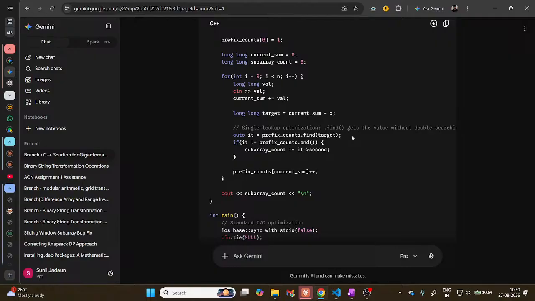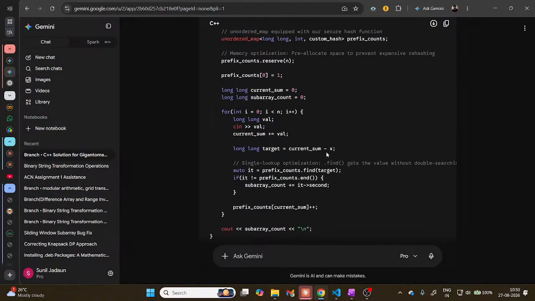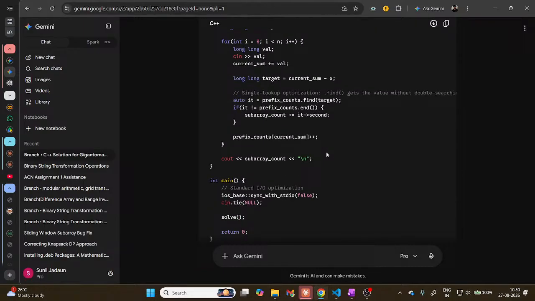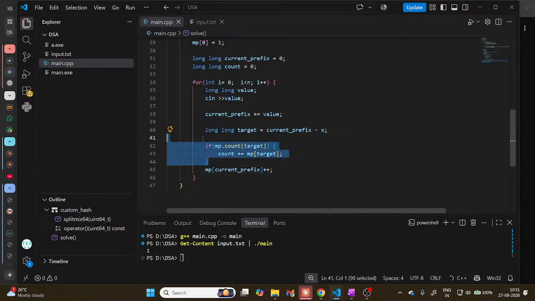Okay, so I have to use find, not the count. So if the iterator is not equal to map dot end. Okay, so instead of count I can do this thing.